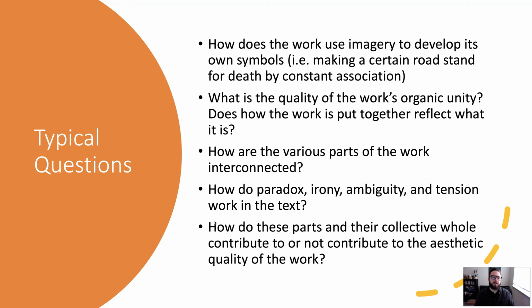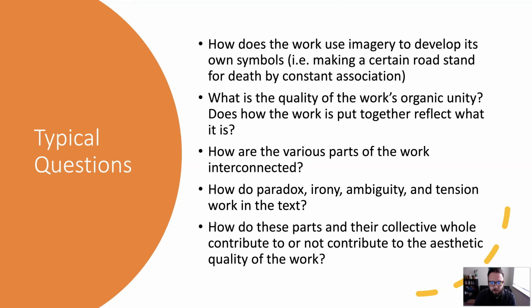Some of the questions that a new critic would generally ask would be: how does the work use imagery to develop its own symbols? For example, making a road stand in as a symbol for death simply by constantly associating that road with death. Again, we're not looking at anything outside of the text. How does the work do it itself?